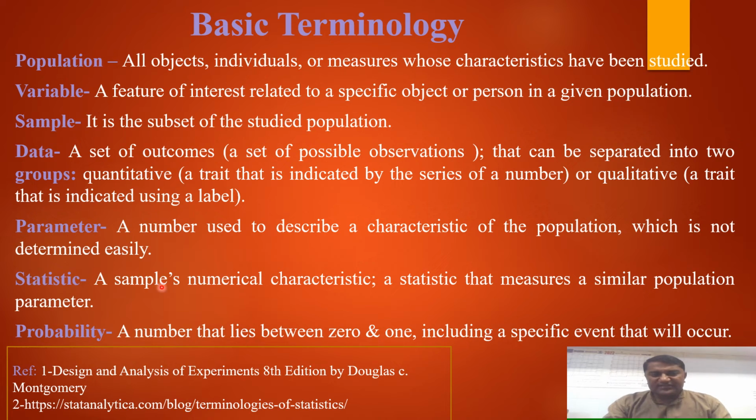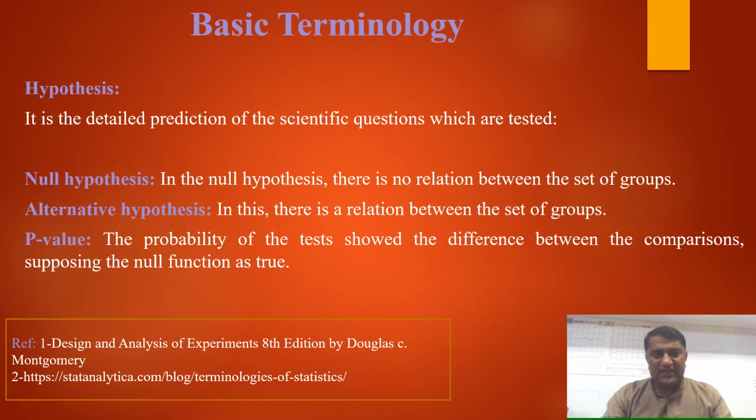Statistic, a simple numerical characteristic that measures a sample, and probability, a number that lies between 0 and 1, including those specific values. So that is called the probability. Next one is the hypothesis. It is the detailed prediction of statistical questions which are tested.